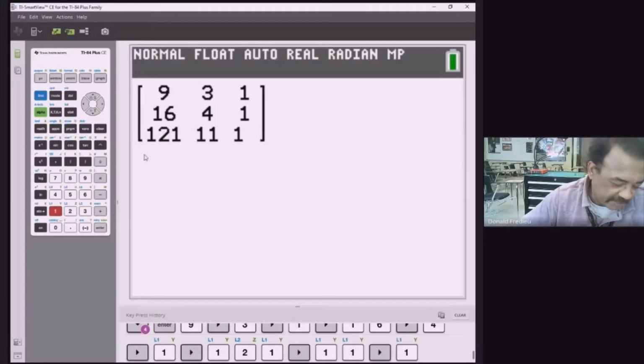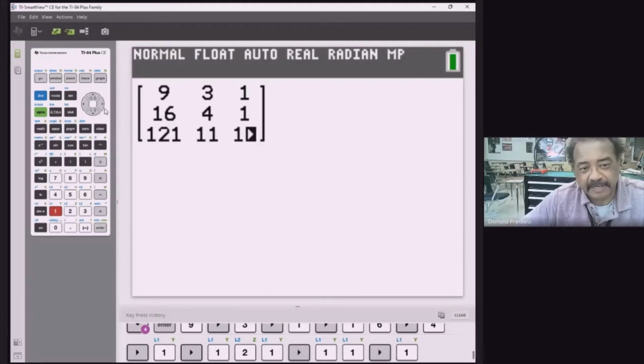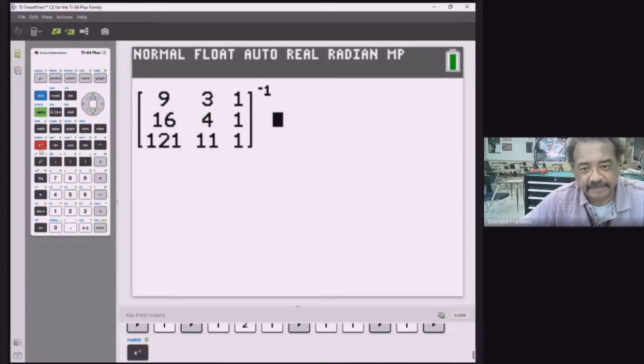Now let's double check that. 9, 3, 1, 16, 4, 1, 121, 11, 1. Now to get the inverse, I have to space out here behind the matrix. So I'm going to space out there and press the inverse key.